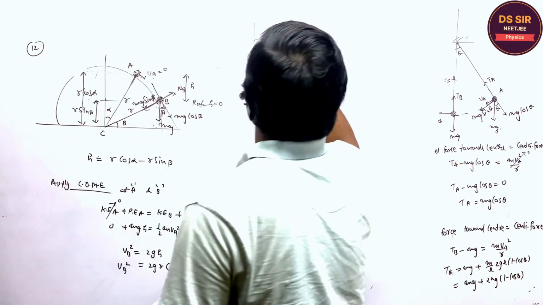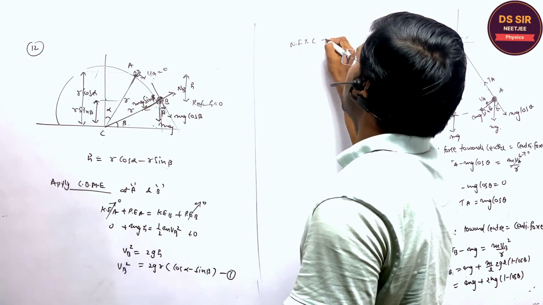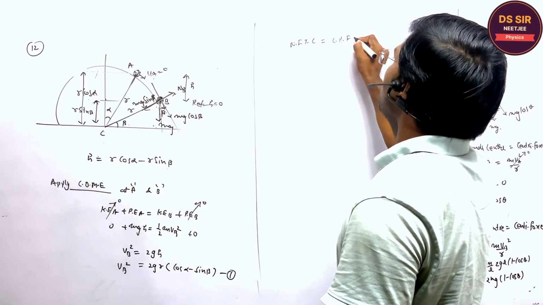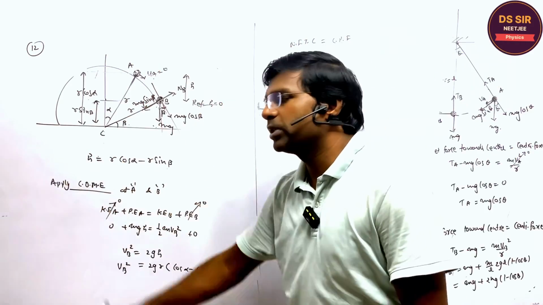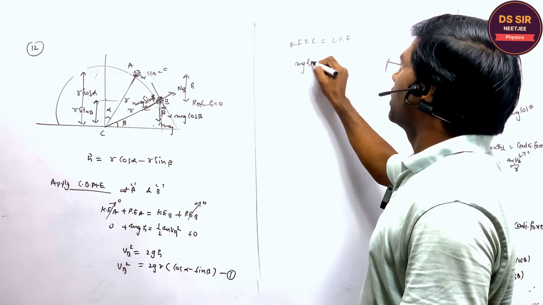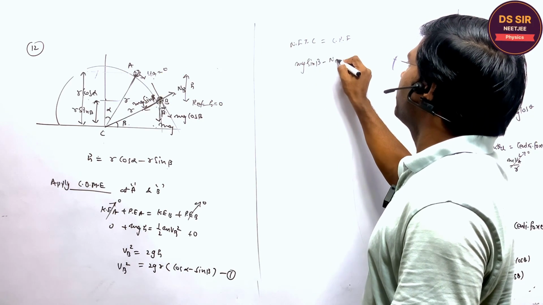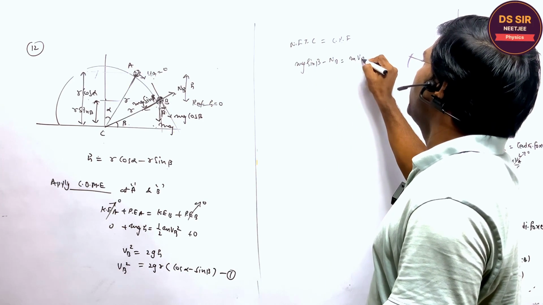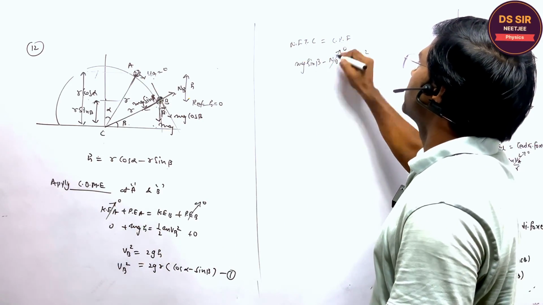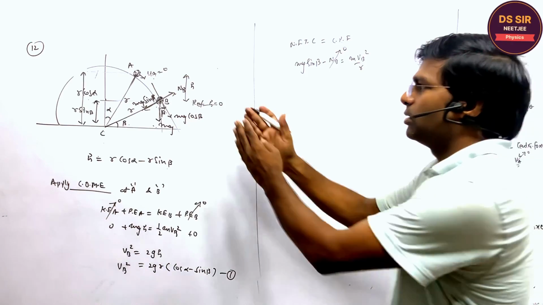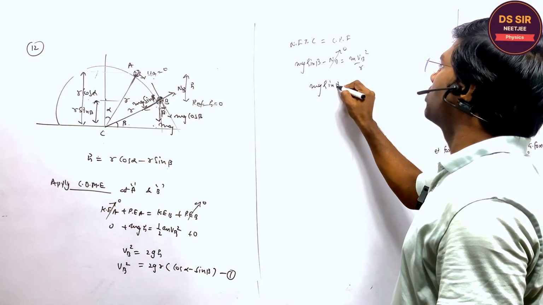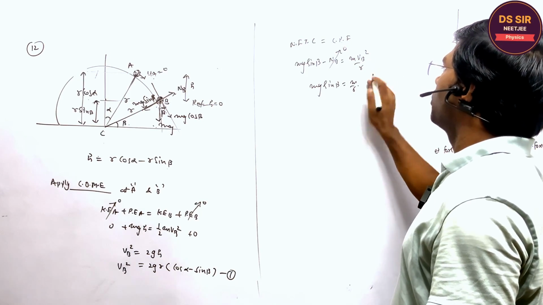So what is the net force? Net force towards the center will provide the required centripetal force. Is it clear or not? So what is the net force toward the center, you tell? mg sin beta minus N will provide m v square upon r in this case. What is the condition to lose the contact? Normal reaction becomes 0. So mg sin beta must be equal to what? m upon r Vb square.